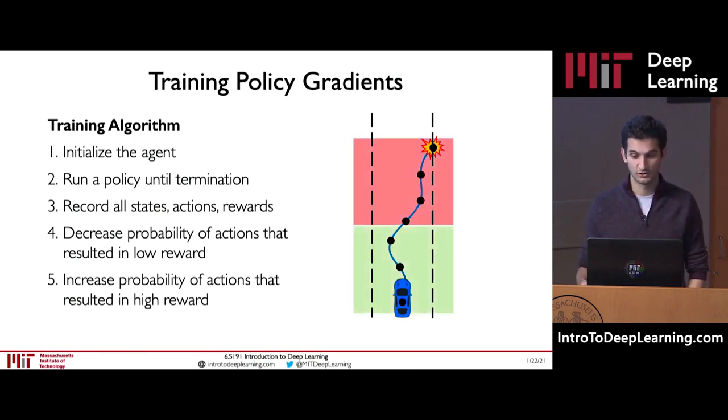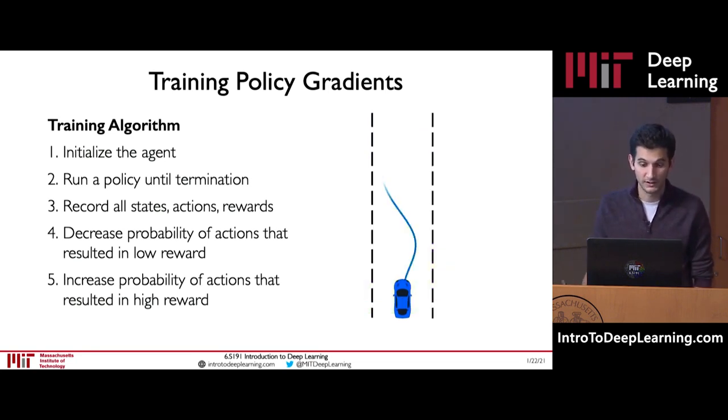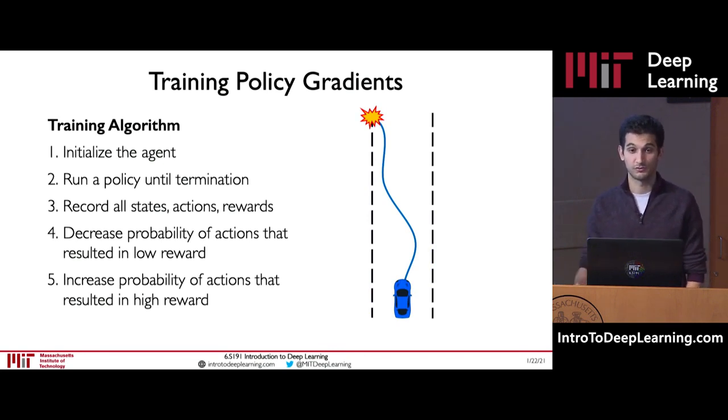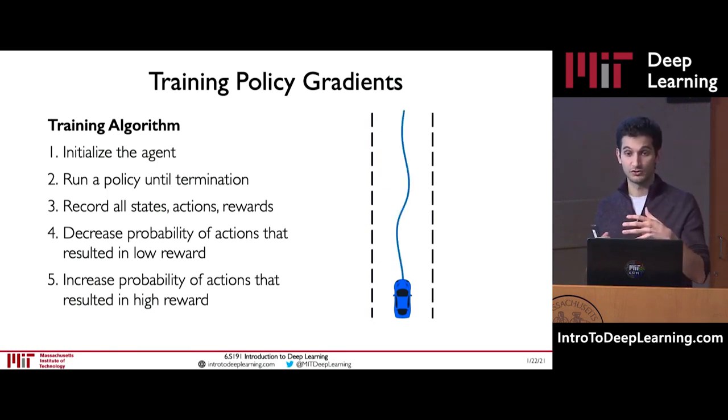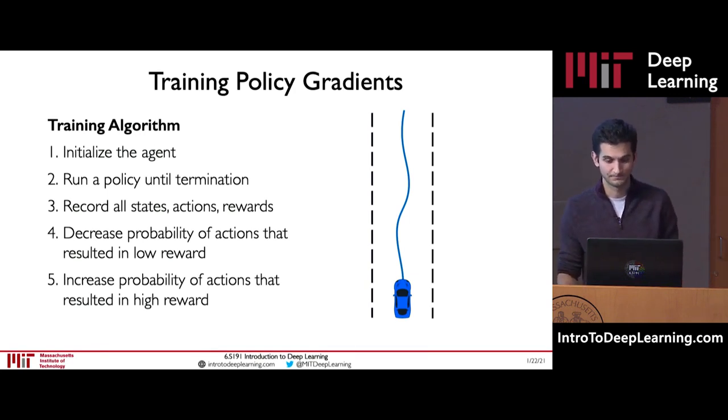We reinitialize the agent, we run it until completion, and we update this policy. We can keep doing this over and over again, and you'll see that eventually the agent learns to perform better and better because it keeps trying to optimize all of these different actions that resulted in high returns and high rewards, and it minimized all of the actions that came very close to crashing, so it doesn't repeat those actions again in the future.